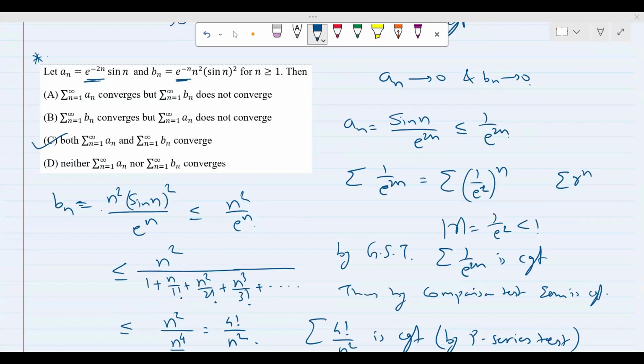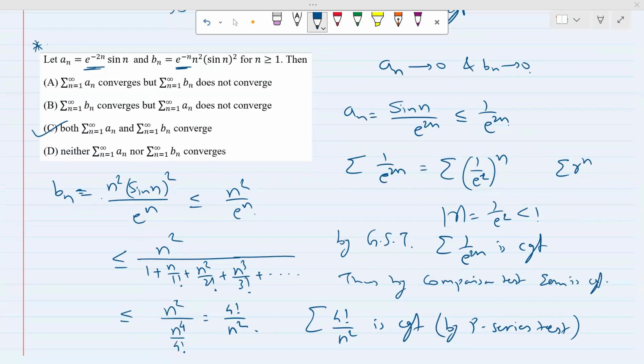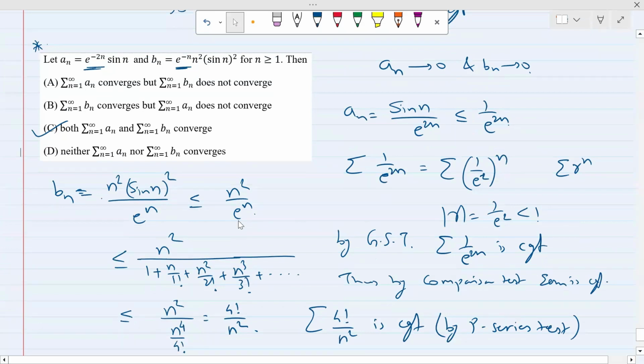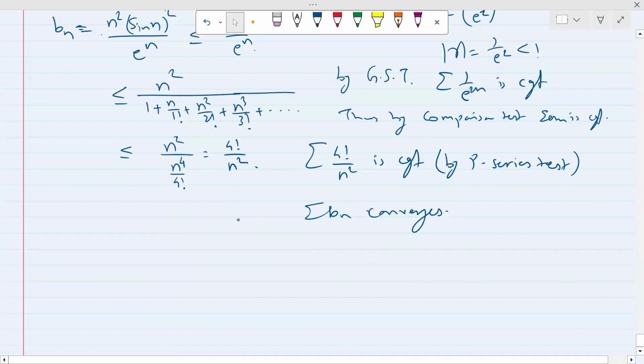Sir, one thing we can see: suppose we divide An by Bn, then from the limit comparison test we can conclude the same, I think. So An by Bn you want to say? Yes, sir.